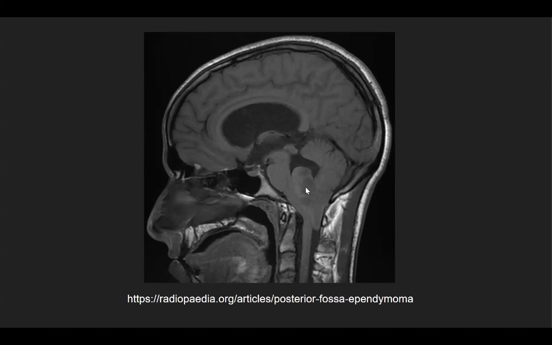Would we say this is at the level of CP? At the level of the fourth ventricle. It is a mixed intensity lesion, also causing hydrocephalus, and the cerebellar tonsils are displaced downwards into the cervical spinal canal. Are you sure this is the cerebellar tonsils?